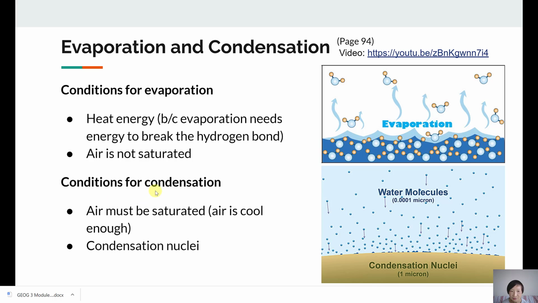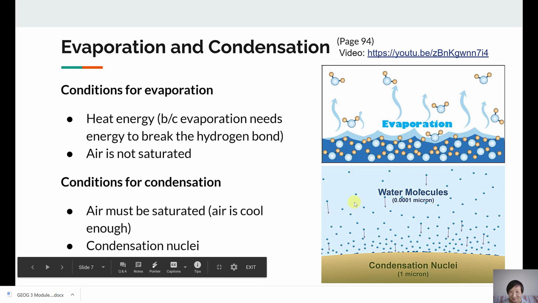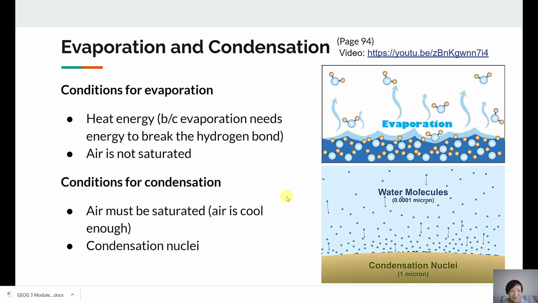And the condition for condensation is the air must be saturated and not have any room to hold more water vapor, then you will see actual water condense out. In addition to that, you also need condensation nuclei, so our water can grab on and form the solid phase. Page 94 gives you more explanation, and also this video.